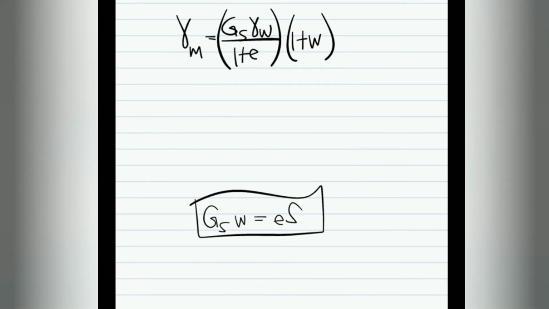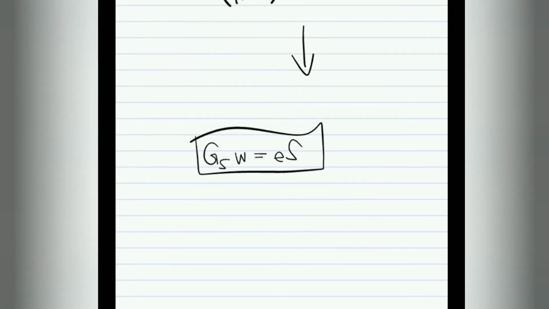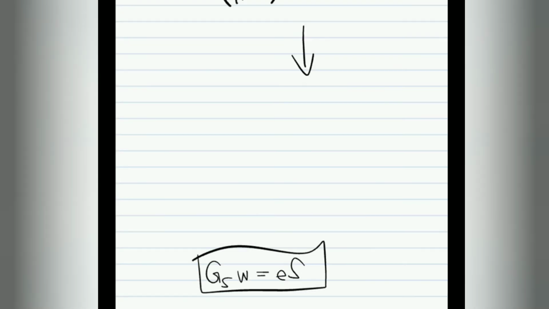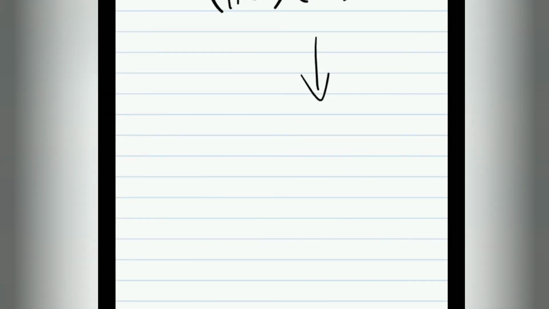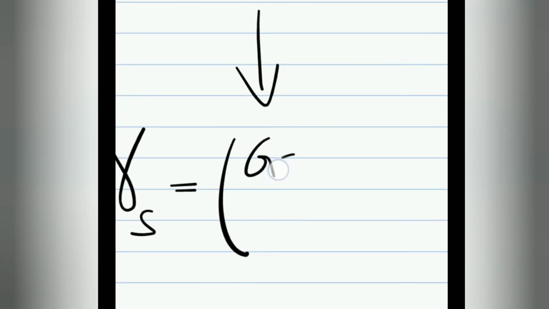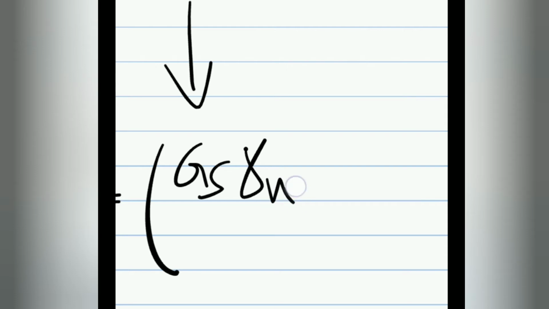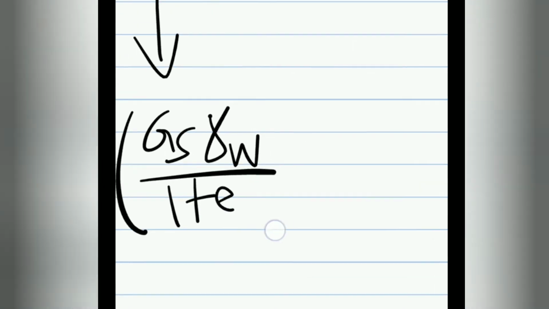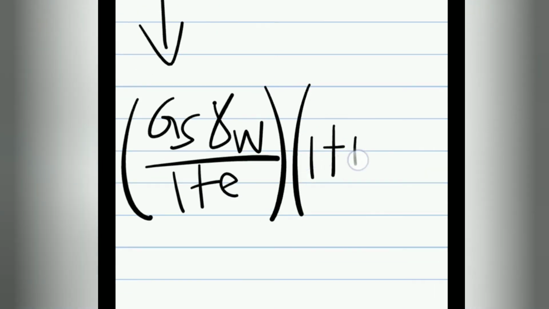Now, for saturated, you have the same formula: GS, the unit weight of water over 1 plus E, times 1 plus the moisture content.